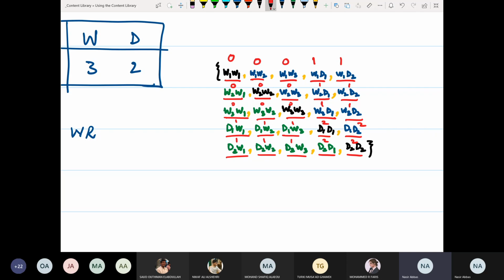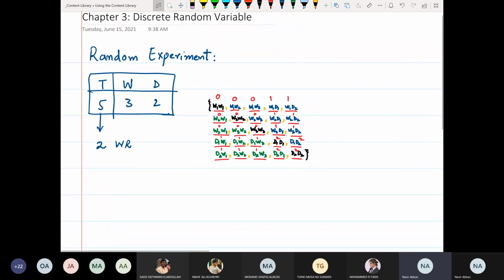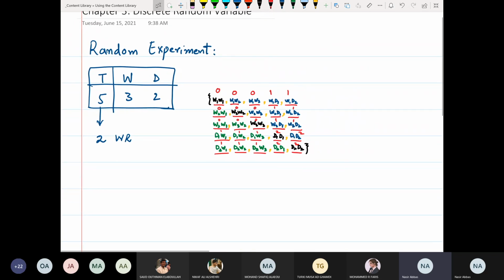So what I did is I converted every outcome into a number, and that number was either 0 or 1 or 2. And how did I convert every outcome into a number? I converted it with the help of a function, and that function was the number of defective items.